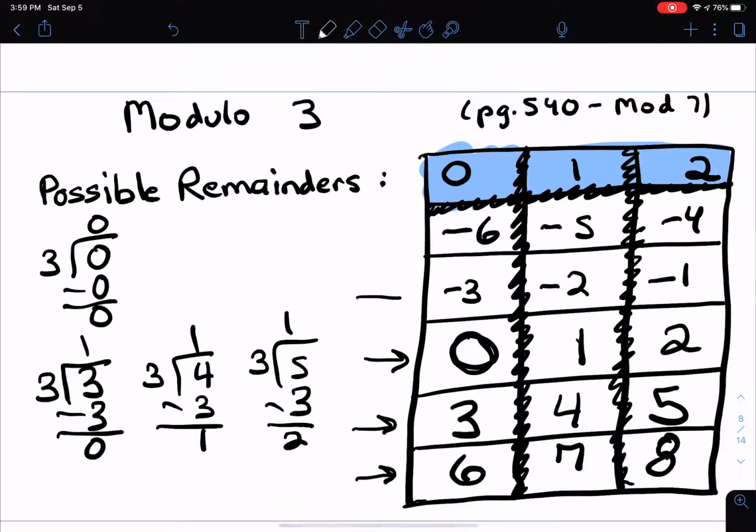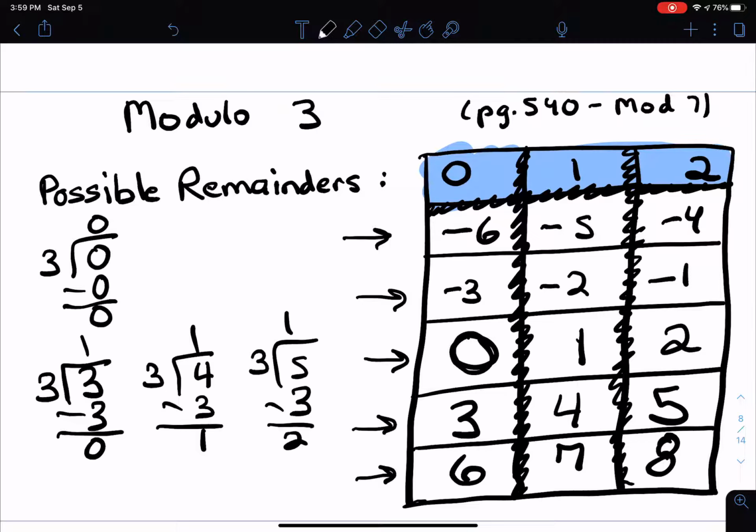Now notice another thing. When you look at your columns, you can pick any two numbers in a column and the difference is going to be some multiple of 3, your modulus. Like 6 minus 3 is 3, 8 minus 5 is 3. But you can also do 6 minus 0 is 6. That's a multiple of 3.